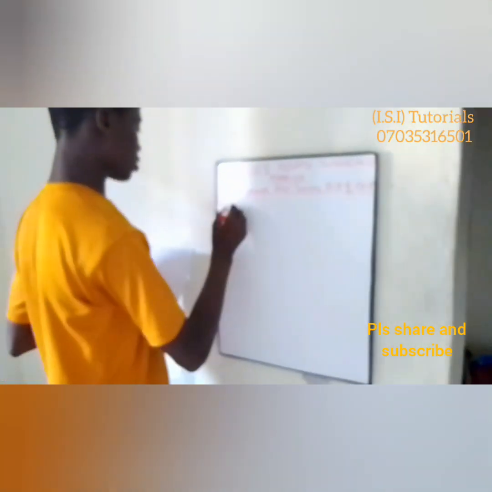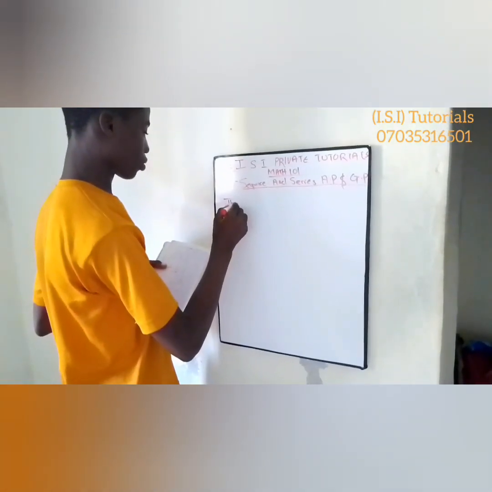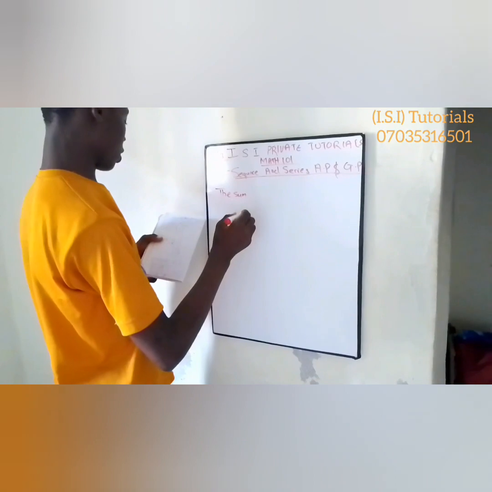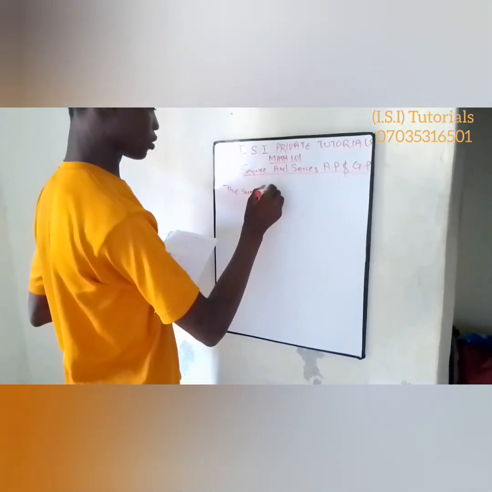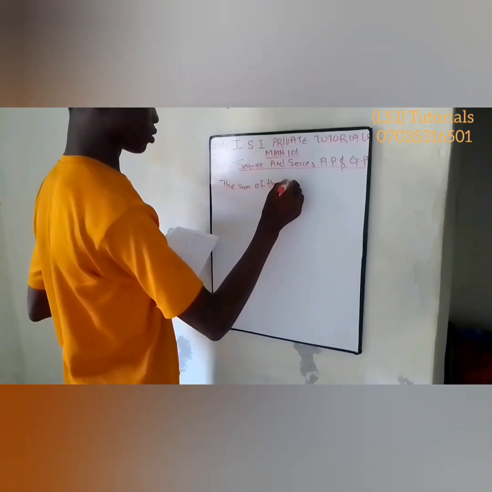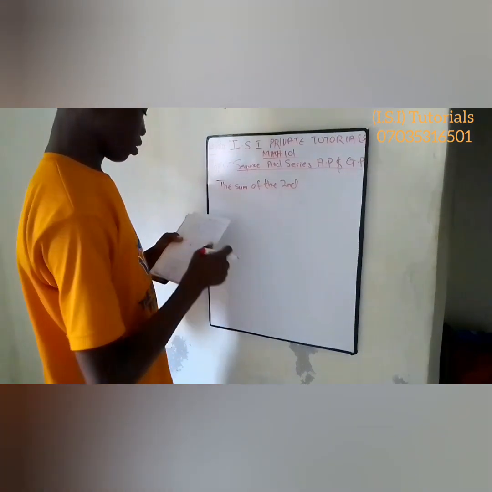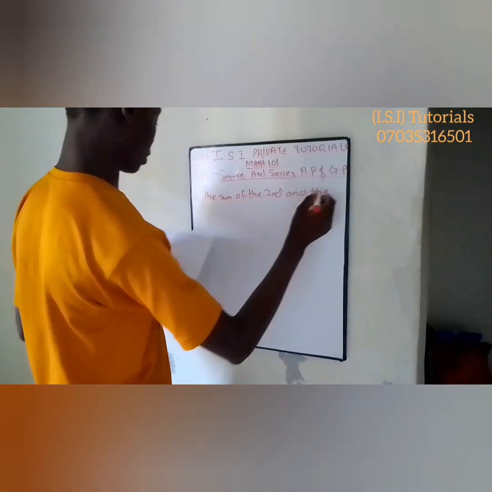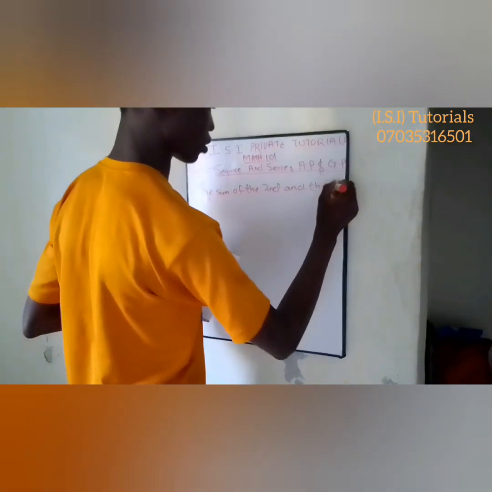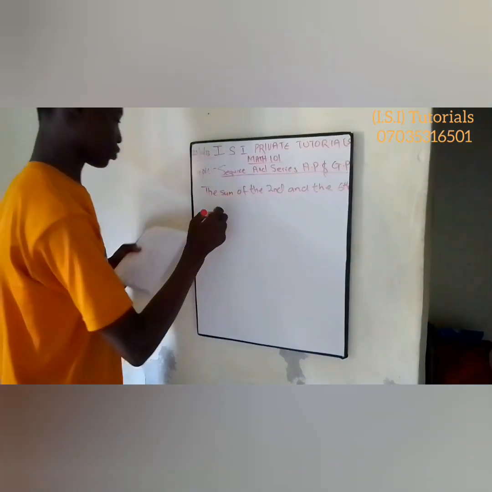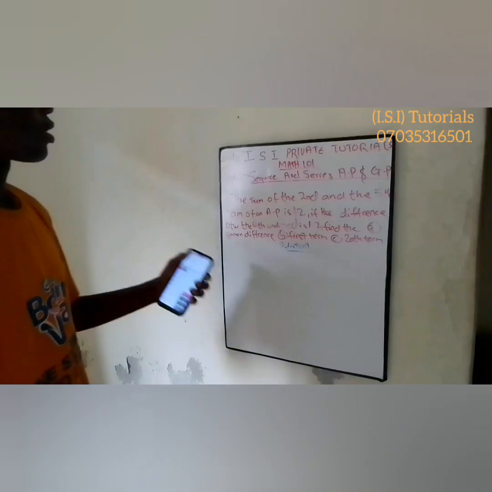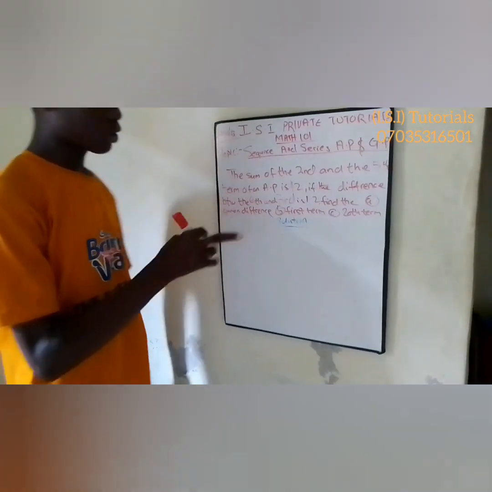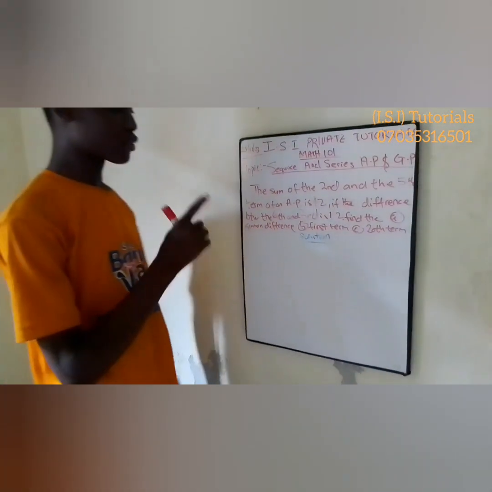So let's take a question. The sum of the second and the fifth term of an AP is 42.